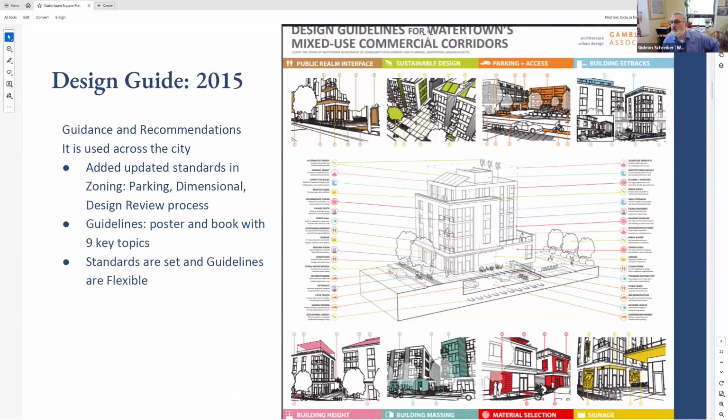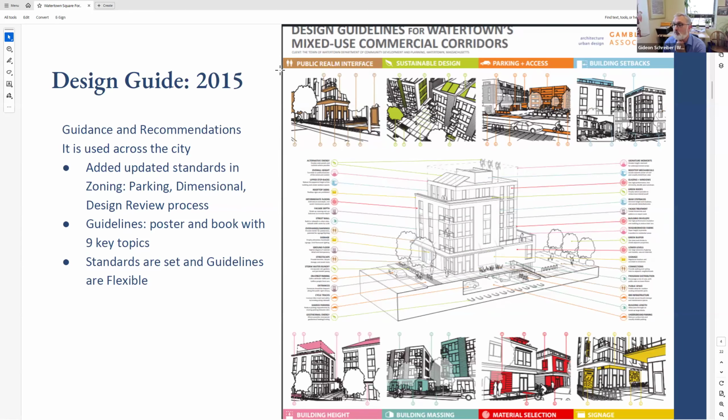So this was an example of our first design guidelines, which also included standards, back in 2015 for larger scale development. And it really started to help set the stage and help the boards and also the community understand where we're going. We created a single handout poster as well as a guidebook that we could give to members of the development community or the development industry.